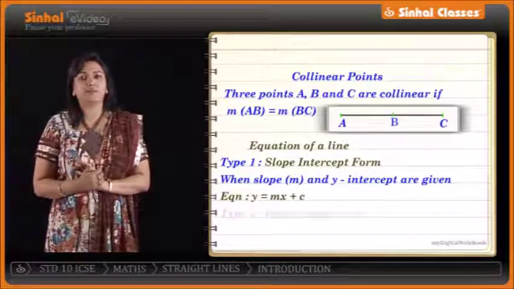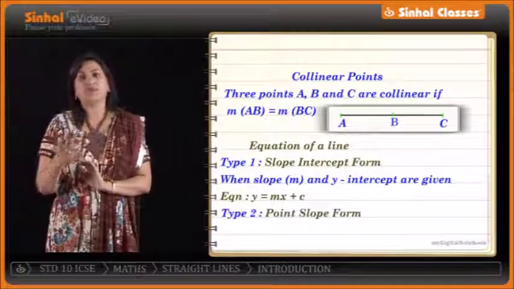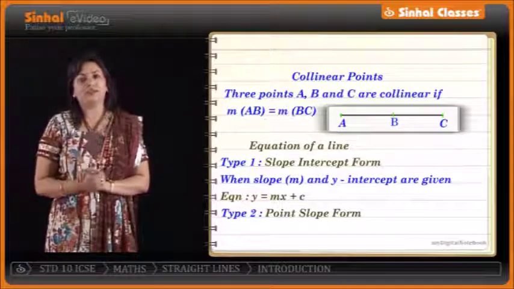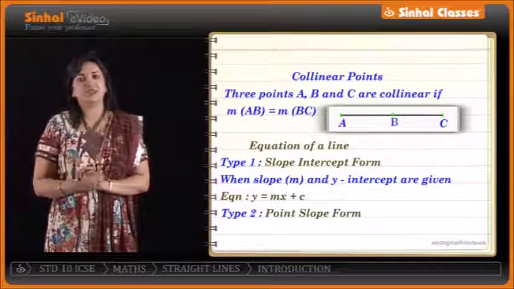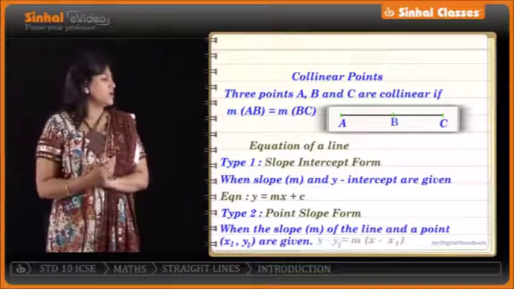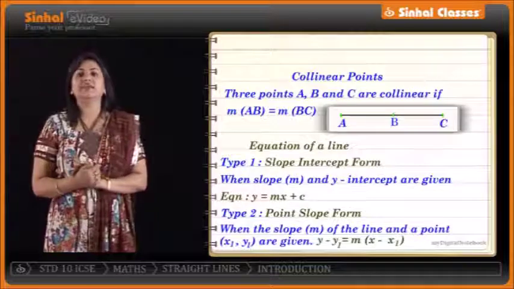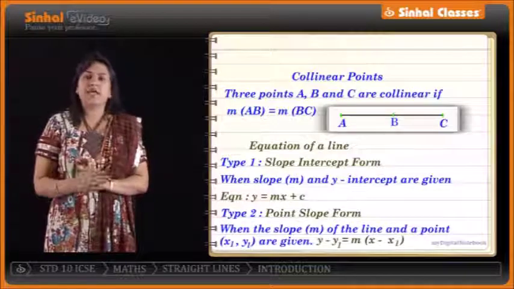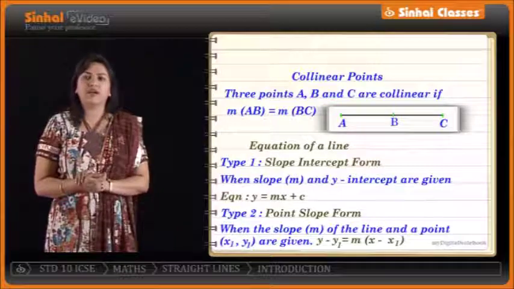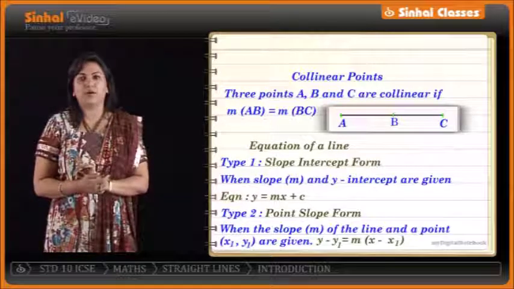Now type 2 would be point-slope form. Here we should be given 1 point on the line and the slope of the line. We write its equation as y minus y1 is equal to m times x minus x1, where x1, y1 are the coordinates of the point.